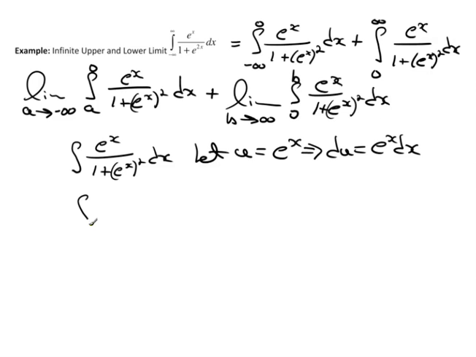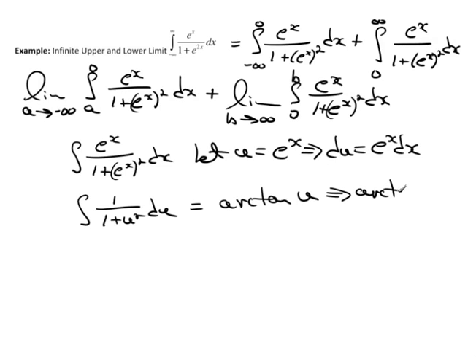So what I end up with is the integral of 1 over 1 plus u squared du. Well, that we recognize right away is arctan of u. But u was e to the x, so what I really have is arctan of e to the x. So now that I know what I'm dealing with, let's go ahead and work with these limits.